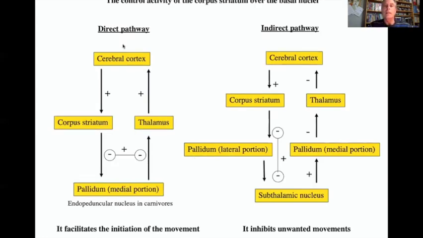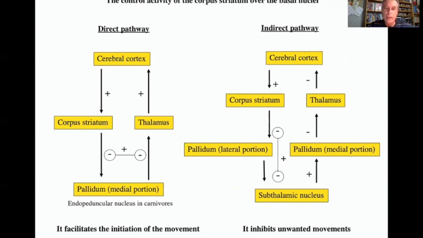It has been pointed out that there is a direct and indirect pathway in the control of movements, and this is very important in order to control the right movement. In the direct pathway, the cerebral cortex has excitatory projections over the corpus striatum.